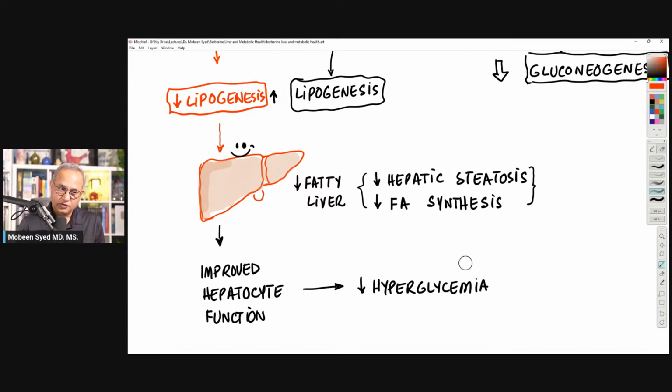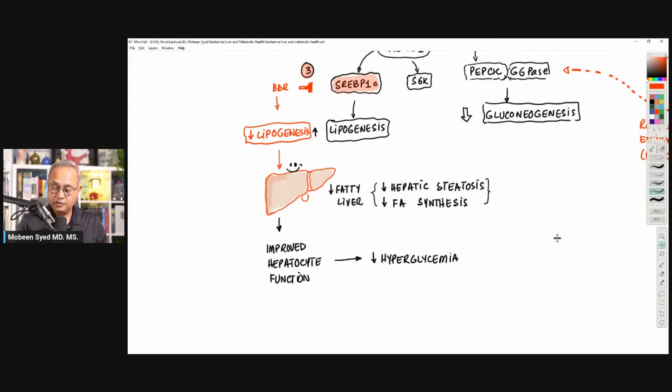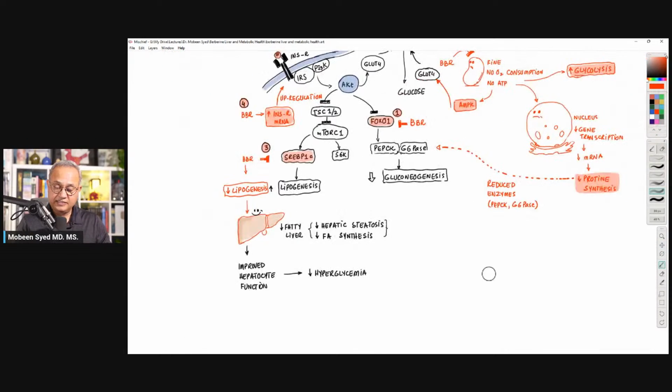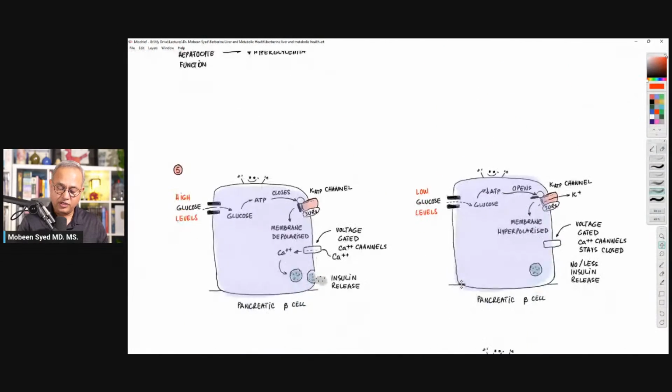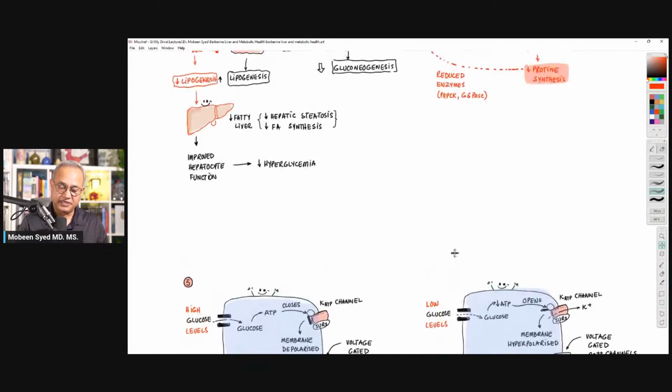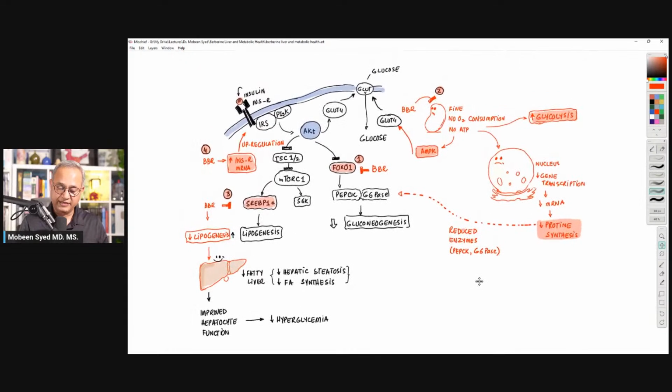Okay, so, beautiful mechanism on the liver. This is what I wanted to discuss today. I have already discussed the mechanism on the beta cells yesterday, so I'm going to leave that out. This is the basic mechanism.